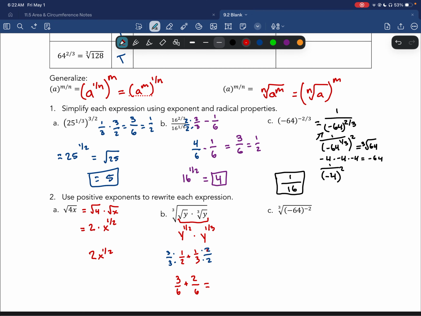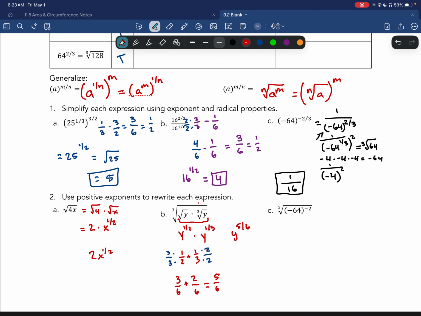So I can now add these. 3 plus 2 is 5. So 5/6 is that power. So I've got y to the 5/6. And that's the inside, what it simplifies to.